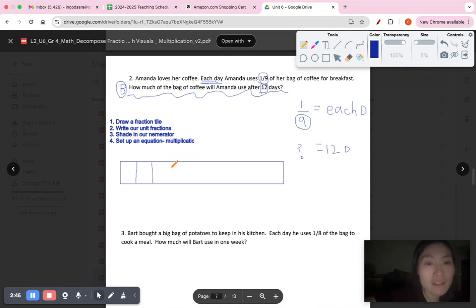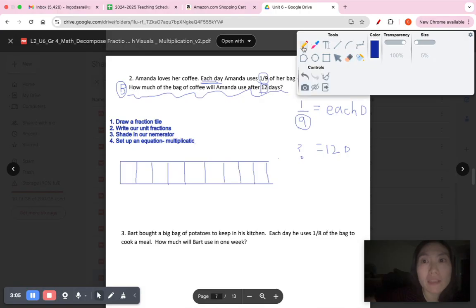So 1, 2, 3, 4, 5, 6, 7, 8, 9. Oops, that's already 10. So I can actually get rid of this. So I have 9 equal parts. And this is one whole.